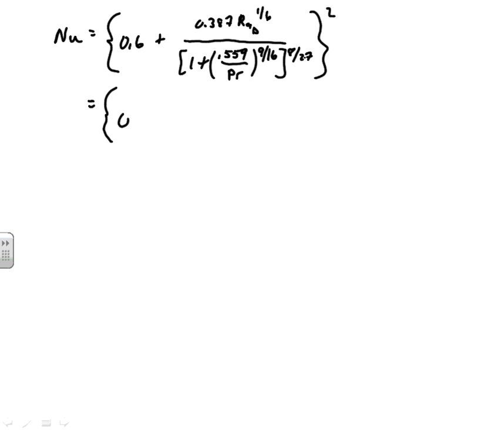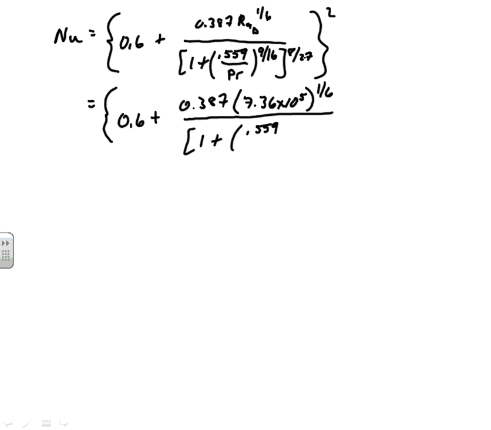So that is 0.6 plus 0.387 times the Rayleigh number, 7.36 times 10 to the 5 raised to the 1/6, divided by 1 plus 0.559 divided by 0.7309, raised to the 9/16, raised to the 8/27, and then everything squared. And that gives me a value of 13.39 for my Nusselt number.